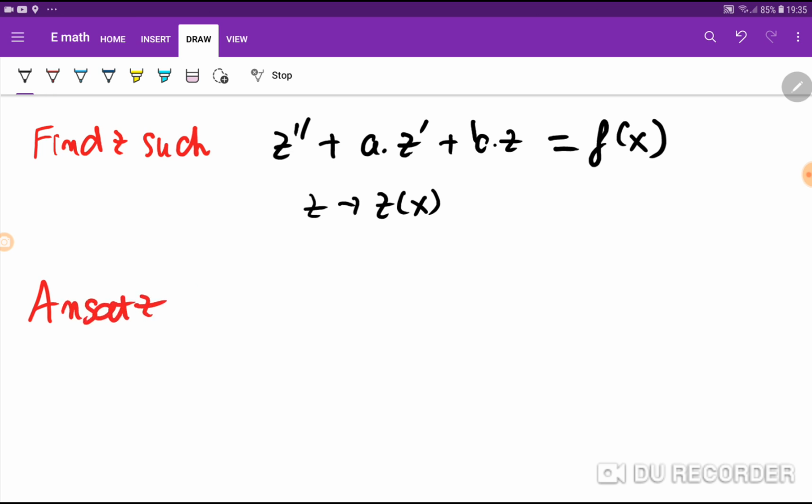They say, I want my z to be a function times my first basis, and then a function times my second basis, and I'm going to manipulate the constraint, the condition, to make this happen.